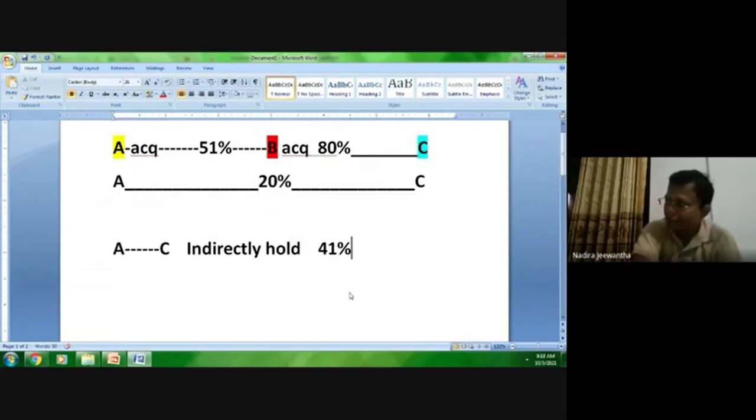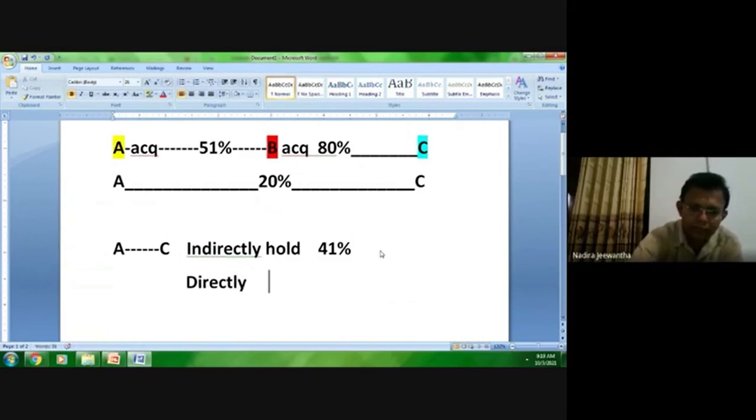Indirectly, common. Indirectly means what? First scenario. So then what is the other one? A and C, how can I feel on directly?